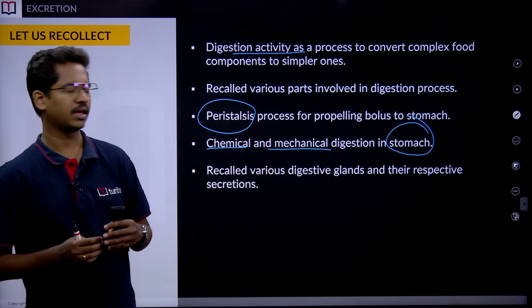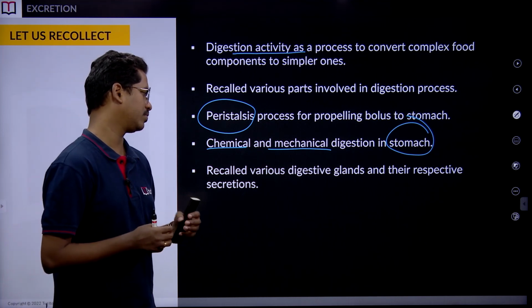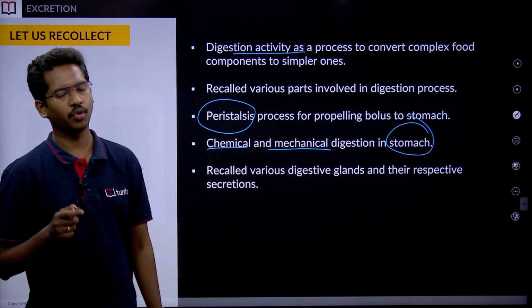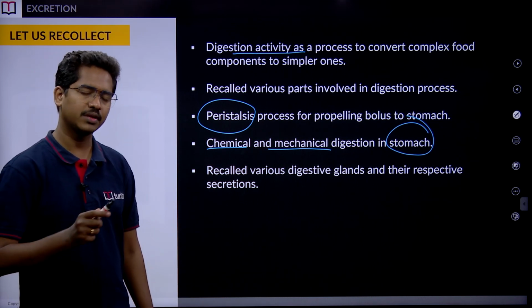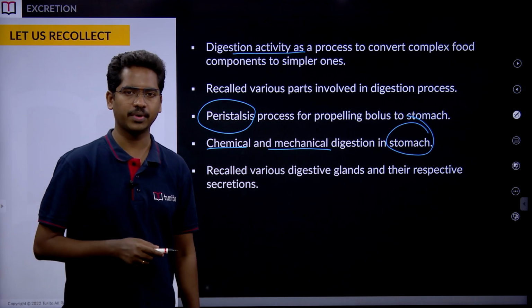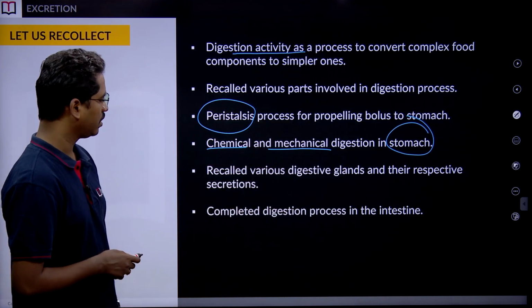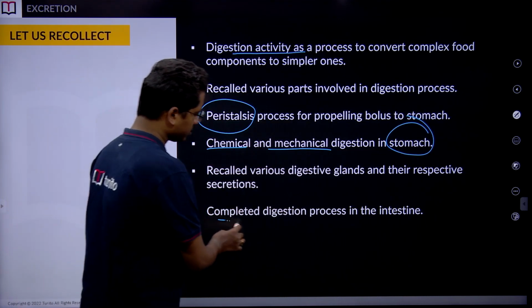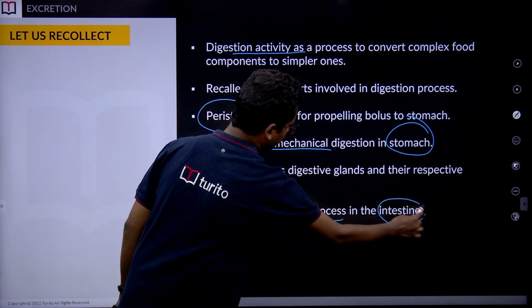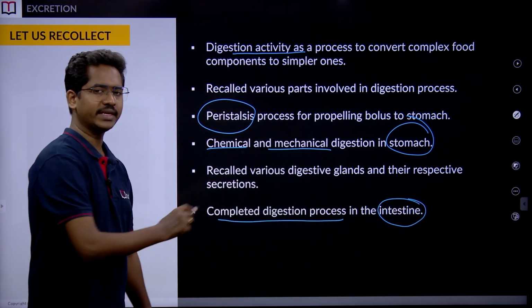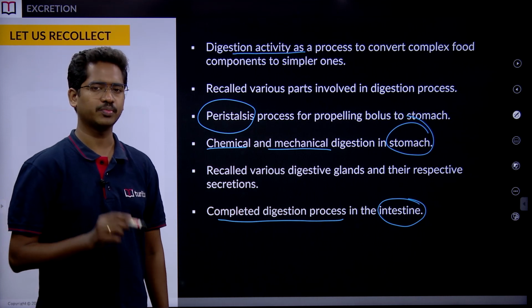We looked at the respective digestive glands, how they function, what they do, and in which medium they act on the food components. Followed by that, we looked at the complete digestion process which occurs in the intestine. The small intestine was divided into parts, if you remember.